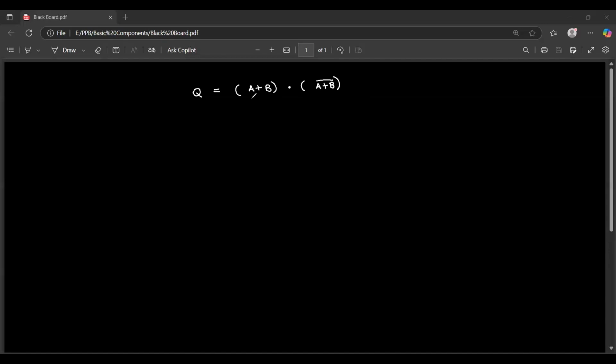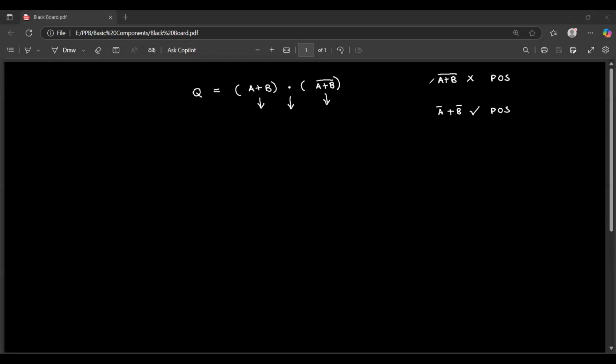Obviously this is a sum, and there is an AND gate, but this is not a sum. (A plus B) whole thing bar is not in POS form. But A bar plus B bar is actually in POS form. That's fine. This is in POS form, but this is not.